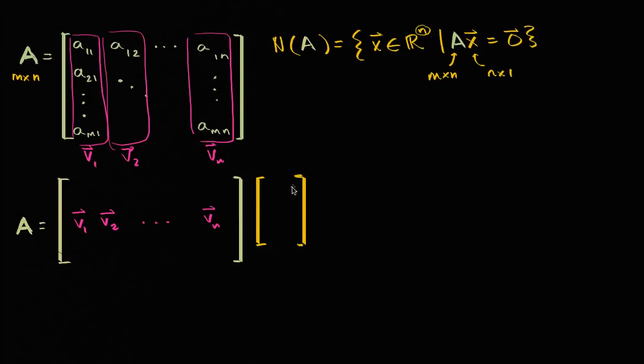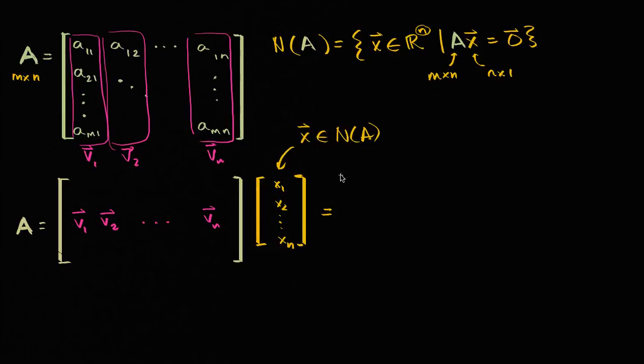So this is the vector x, and it's a member of Rn, so it's going to have n components. You're going to have x1 as the first component, x2, and go all the way to xn. If we say that this x is a member of the null space of A, then this whole thing is going to be equal to the 0 vector.